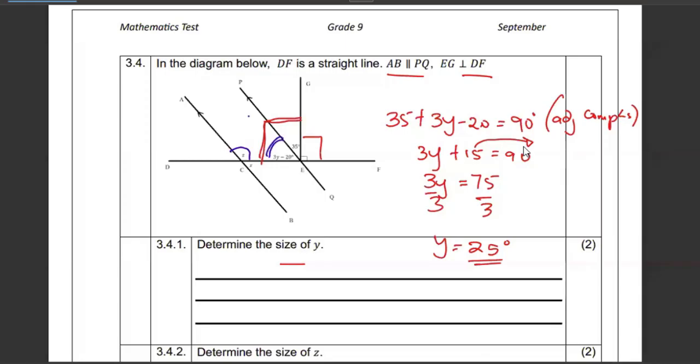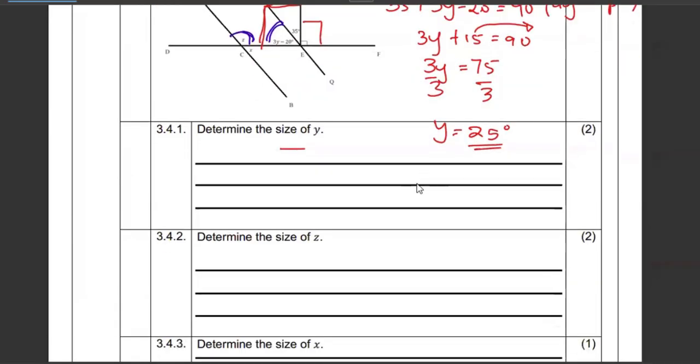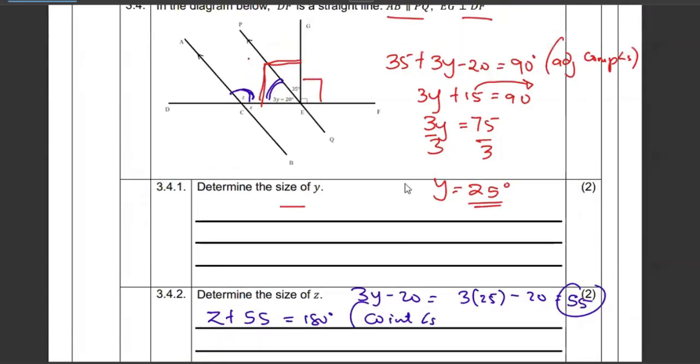This angle here and the Z will be co-interior. But we know that 3y minus 20 is going to be the same as 3 times 25 minus 20, which is 55. Because 3 times 25 is 75, minus 20, you get 55. So I'll have something like Z plus 55 must give me 180. Those are co-interior angles because the lines are parallel.